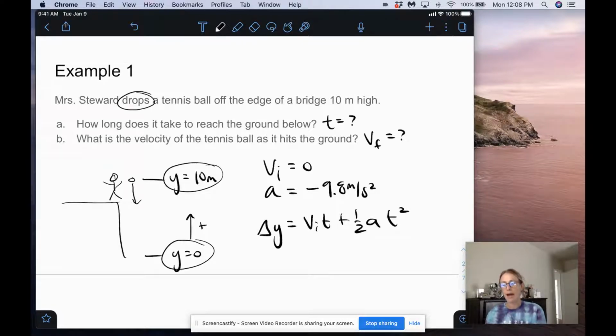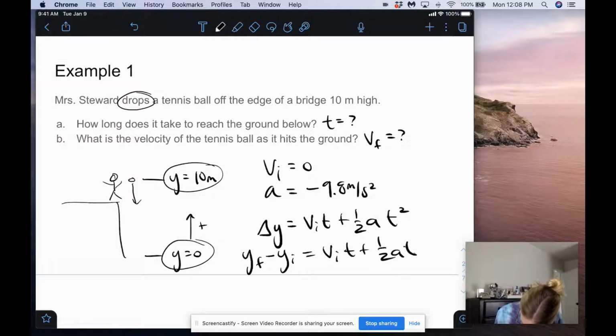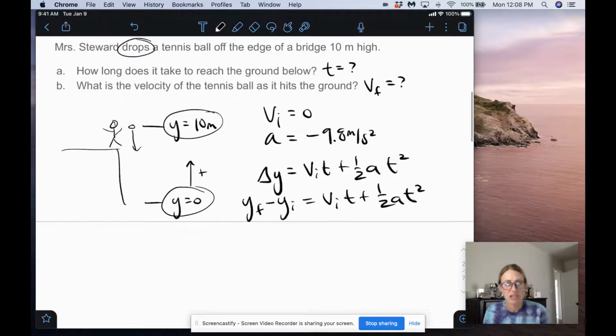Remember this delta y is final minus initial, so y final minus y initial equals initial velocity times time plus 1/2 acceleration times time squared. Since I'm solving for time, I could have a quadratic, but because the initial velocity is 0, that initial velocity times time term cancels out. So that makes our math a little bit easier.